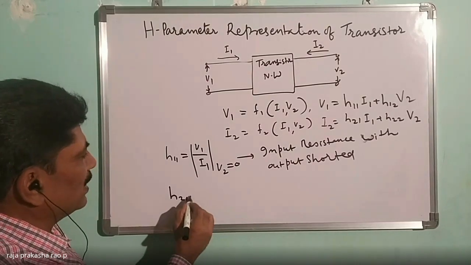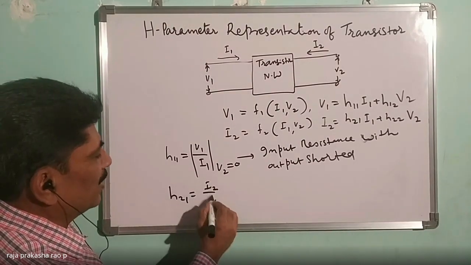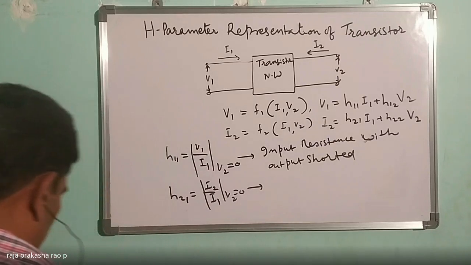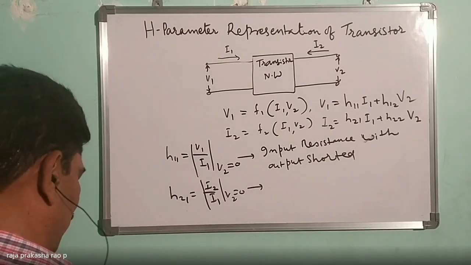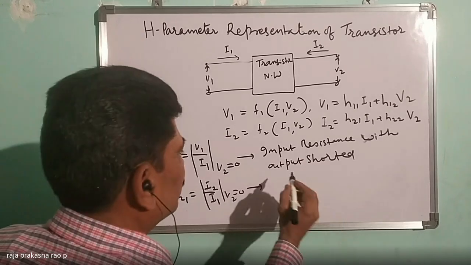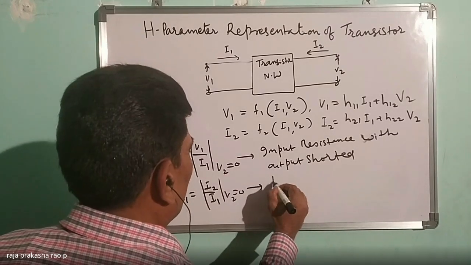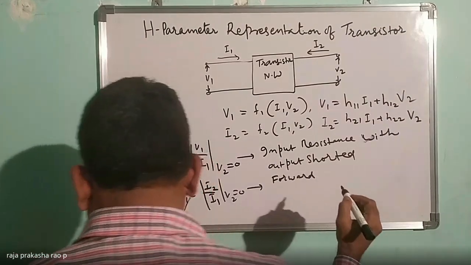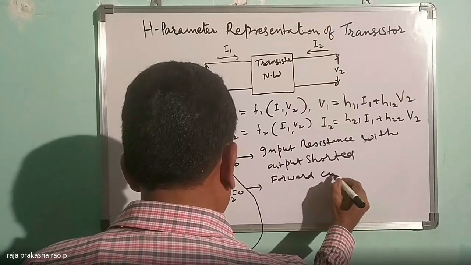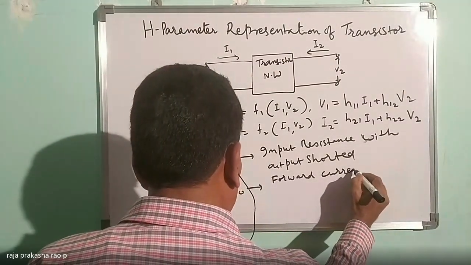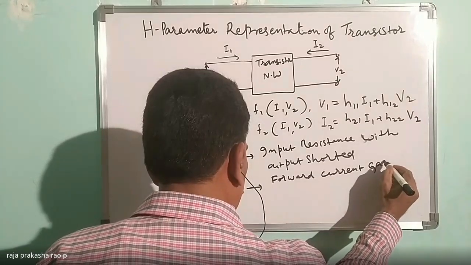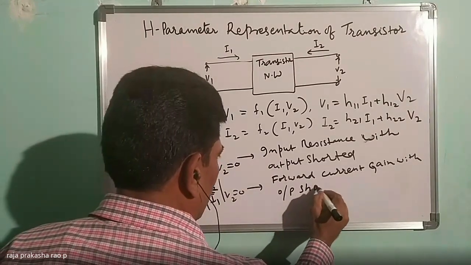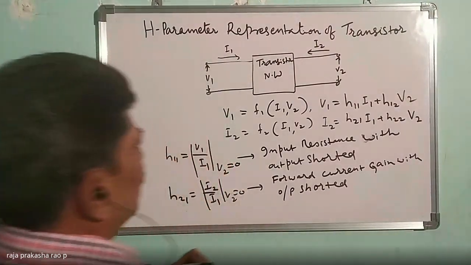H21 is equal to I2 by I1 when V2 equal to 0. It is the forward current ratio, or forward current gain, with output shorted.